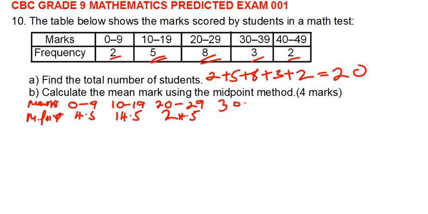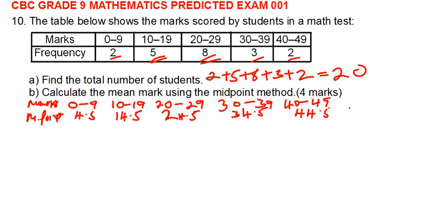For 30 to 39, the midpoint is 34.5. And for 40 to 49, the midpoint is 44.5. So that is how you identify the midpoint.